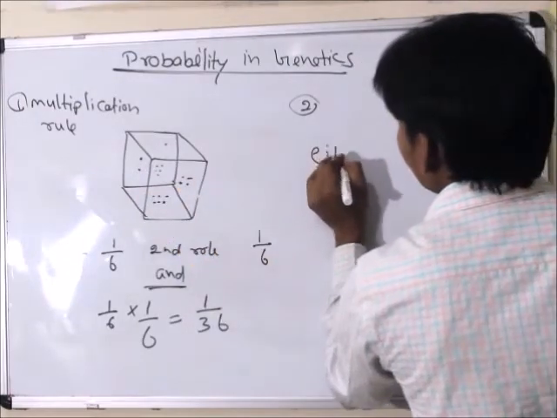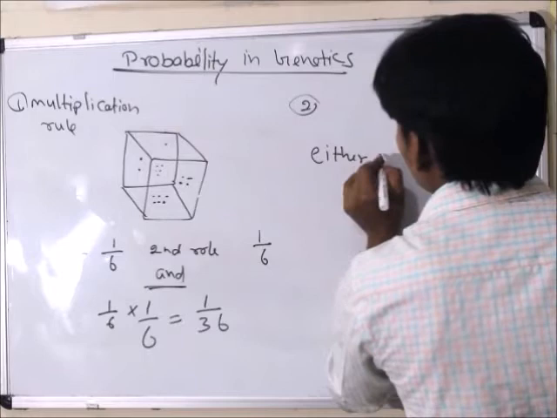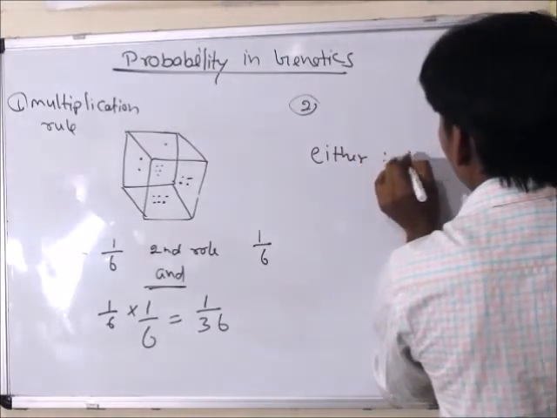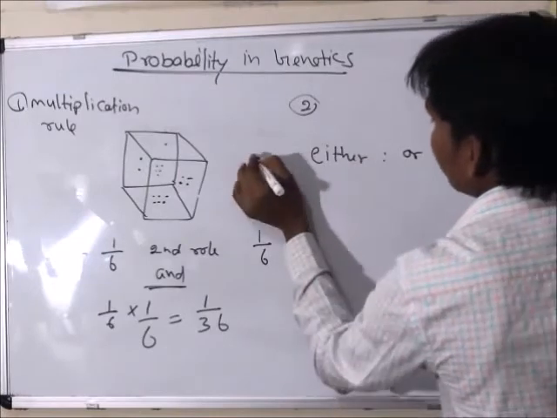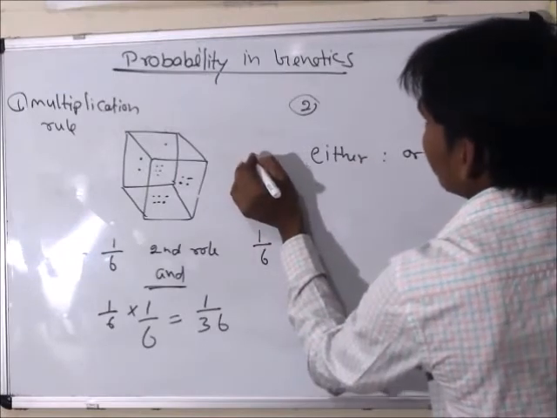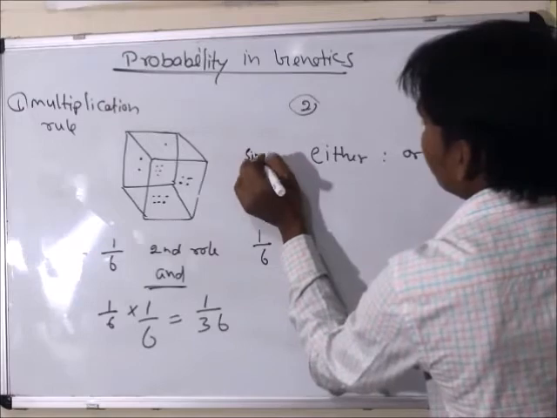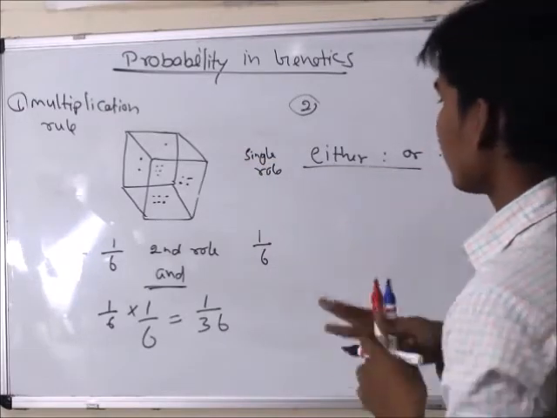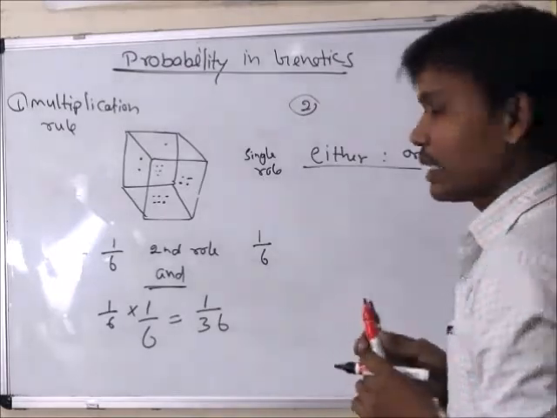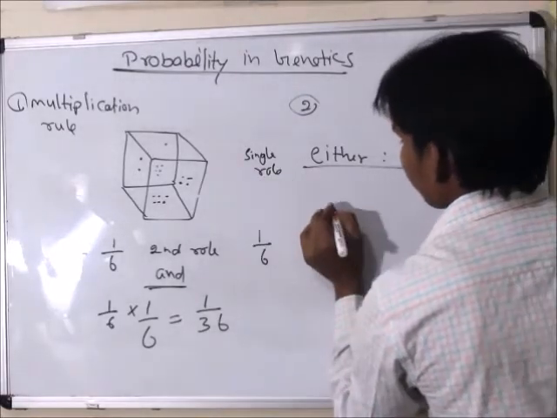Point out this word, either 2 or 4. What is the probability in a single dice, single roll? Here is the word either-or, and then we use the addition rule.